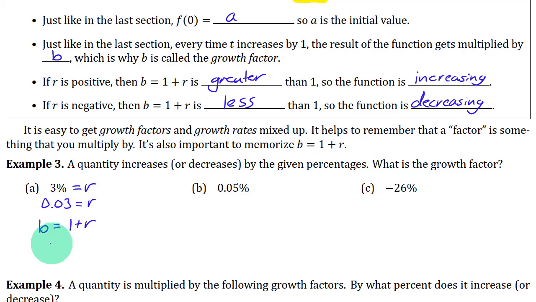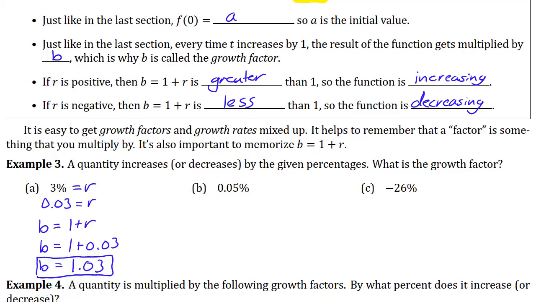And in this case, that's going to be 1 plus 0.03, which is 1.03. So in other words, if you want to increase something by 3%, then you multiply it by 1.03, which is the same thing as 103% of what you had before.